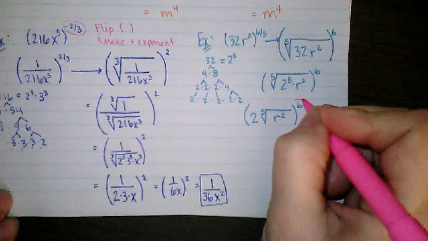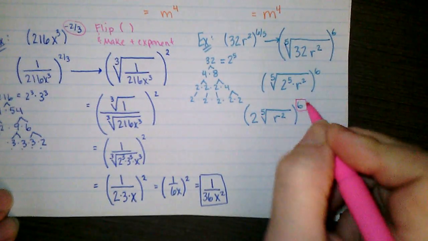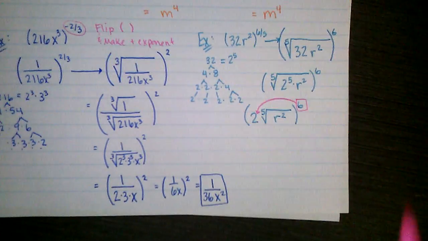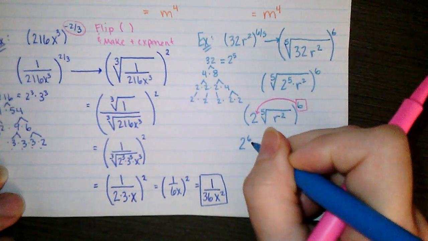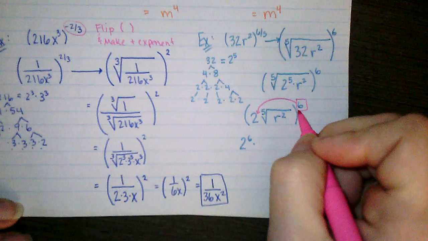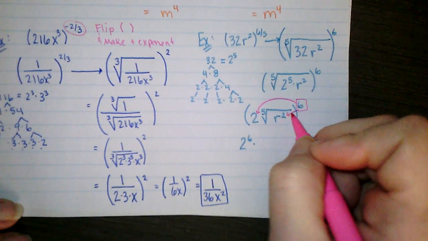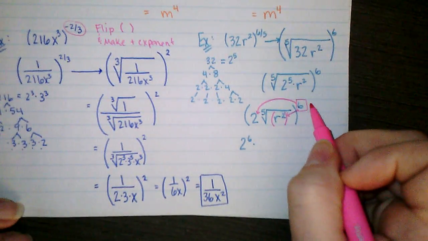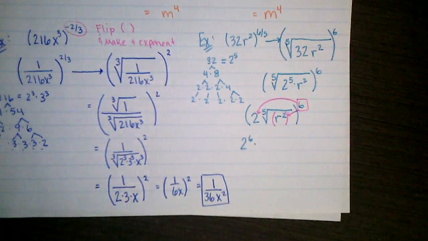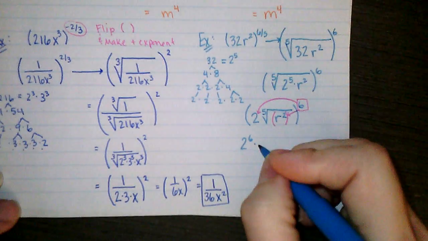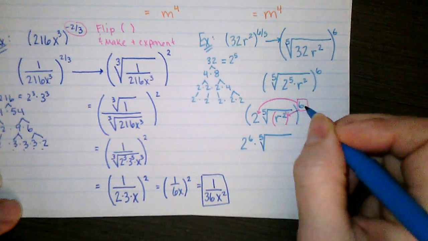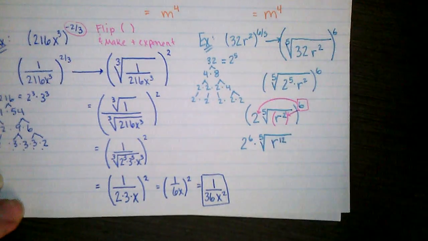So this 6 is going to apply to the 2, and that's going to give us 2 to the 6th power. And then the 6 is also going to apply to the r squared. When we raise r squared to the 6th power, remember the rule for that is that we multiply the exponents. So I'm still going to have the 5th root, but now I have r to the 12th inside that 5th root.